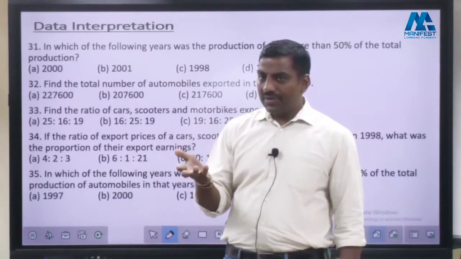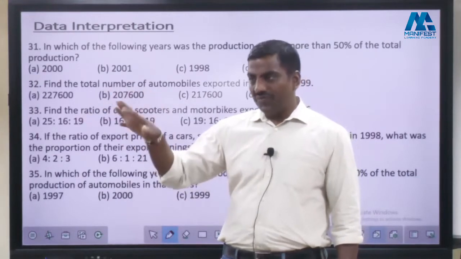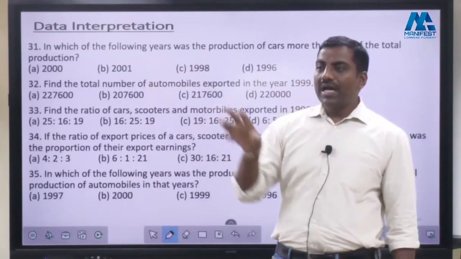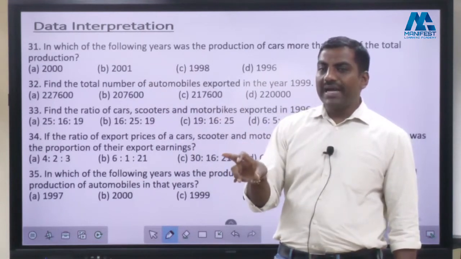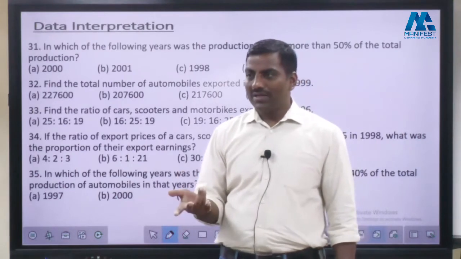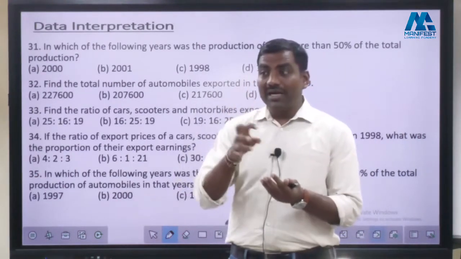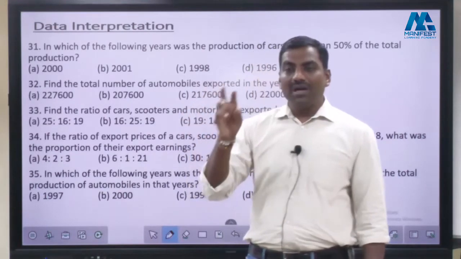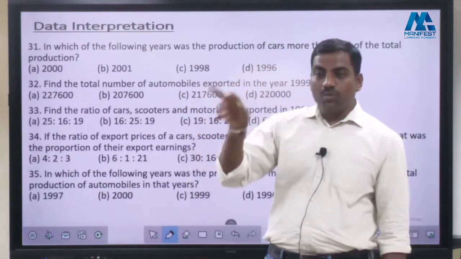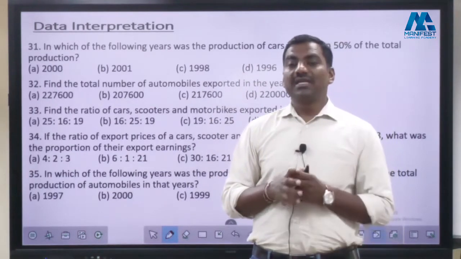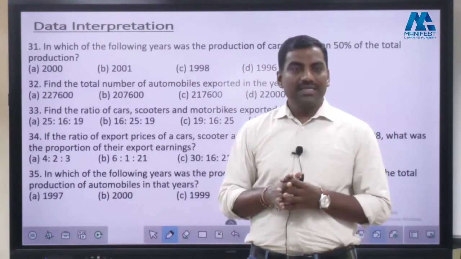Total 100. That is the best way. Every time you make the sum and again find the car, instead of that, see if the number of cars in that year is more than the sum of scooters and motorbikes. Is it logical?